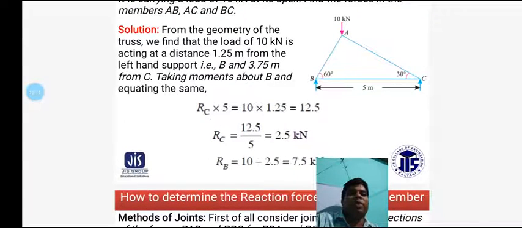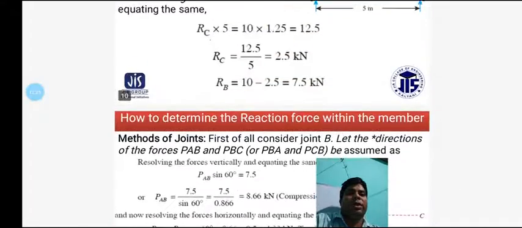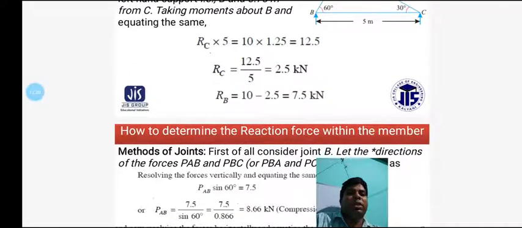So RC into 5 is equal to 10 into 1.25. So RC is equal to 2.5 kilonewton. Now RB is equal to 10 minus 2.5, that means 7.5 kilonewton is the value of RB.